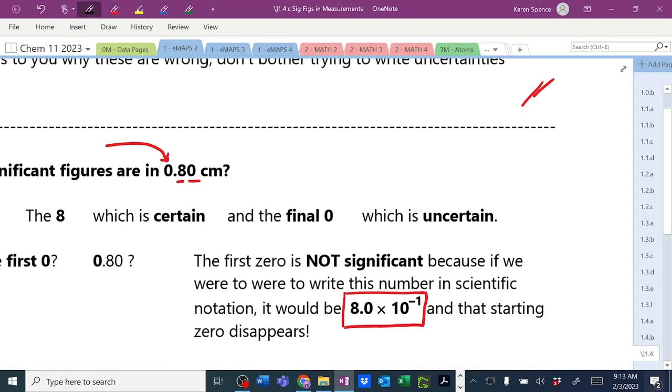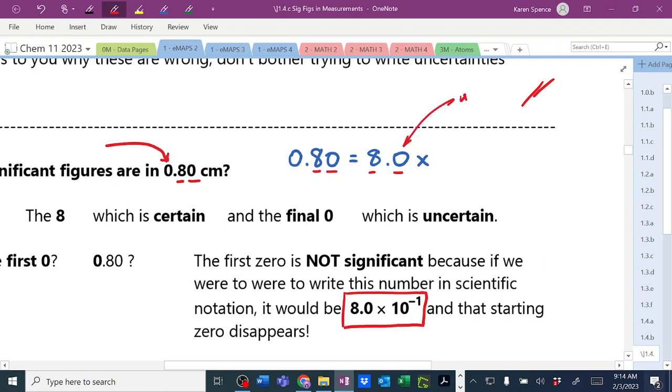And just to show you how that works, if we take 0.80 and I say I want to make that 8.0 times something, because I know I have this digit which is certain and this digit which is uncertain, so I need to have both of those because every number needs an uncertain digit. I could write 8.0 times 0.1.